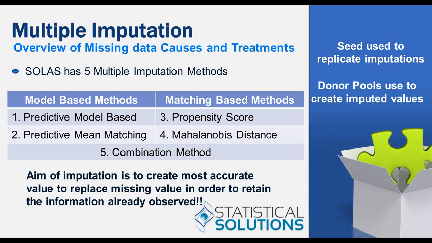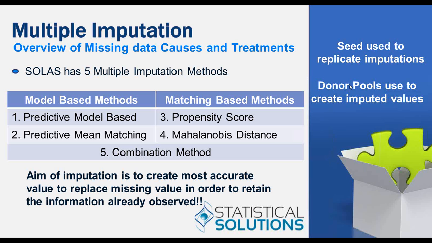Mahalanobis distance works again in the same kind of way, where we compute the Mahalanobis distance from a missing case to all the other observed cases in the data set, and we pull out the shortest Mahalanobis distances, and we use them to impute the missing data point.